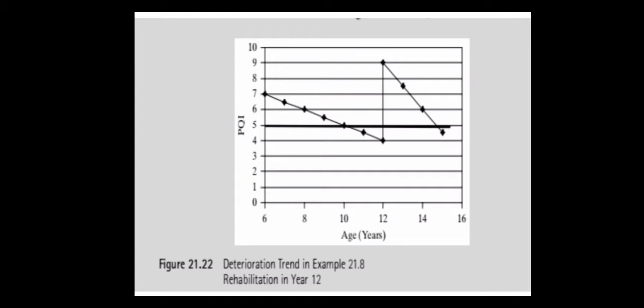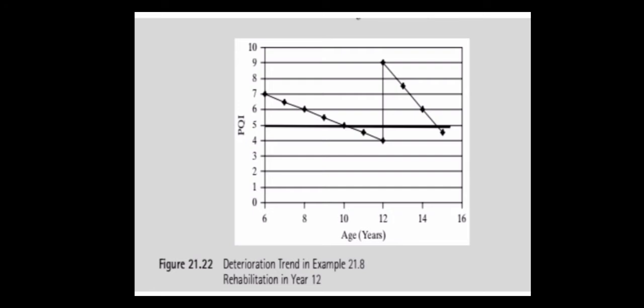So, this figure 21.22 illustrates the deterioration trend for the pavement section before and after the application of the rehabilitation strategy in year 12. The section condition deteriorates to a PQI value of 4.0 in year 12.